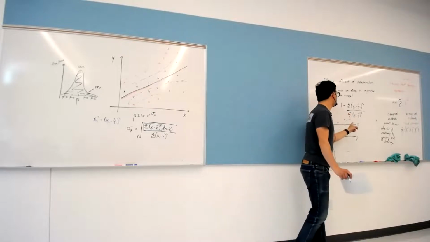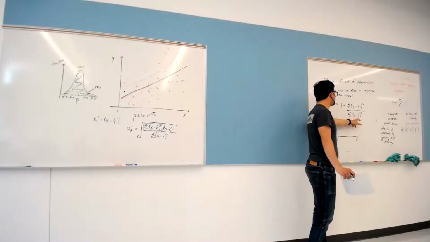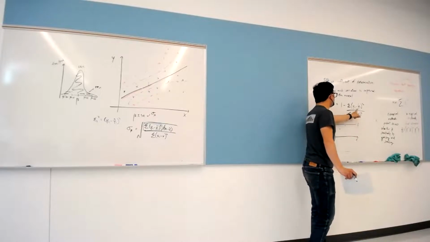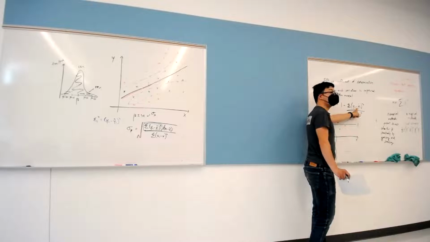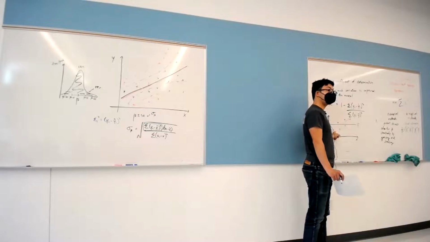If this number is really small, that means your dotted line is really close to your x's.